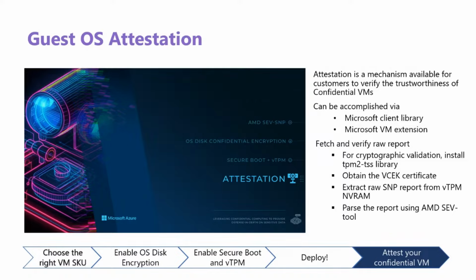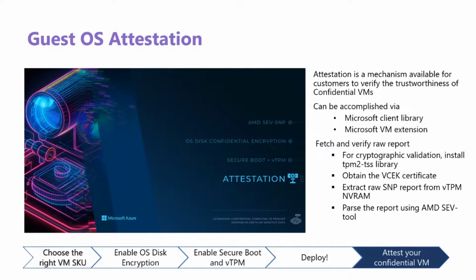If you recall, I did mention the VCEK certificate during the platform authenticity, where the processor provides the certificate. And then you could extract the raw SNP report from the virtual TPM. There is also an open source tool from AMD, the SEV tool. By leveraging that tool, you can authenticate or get the report stating whether the confidential virtual machine is running on the right hardware or not.